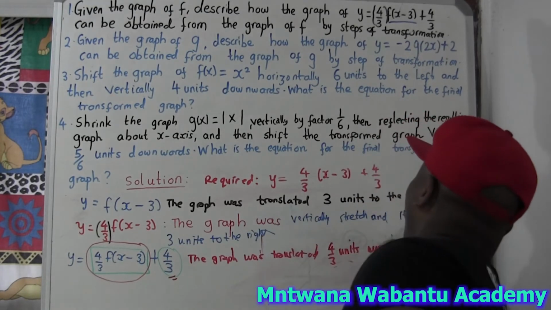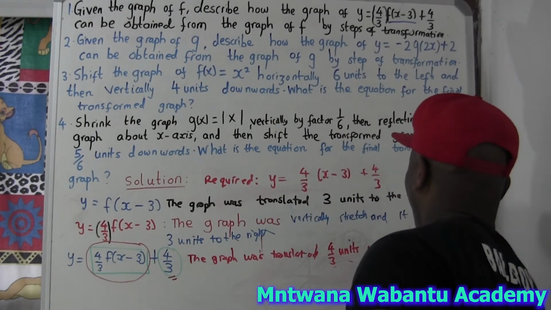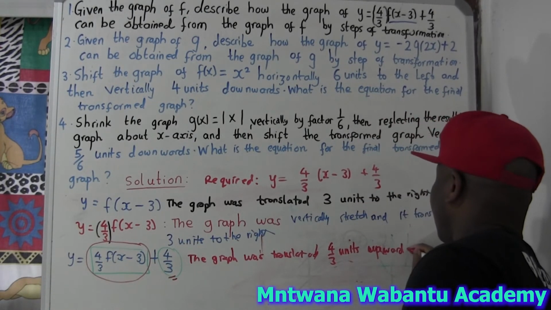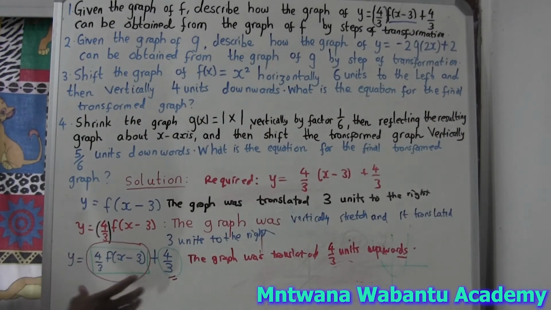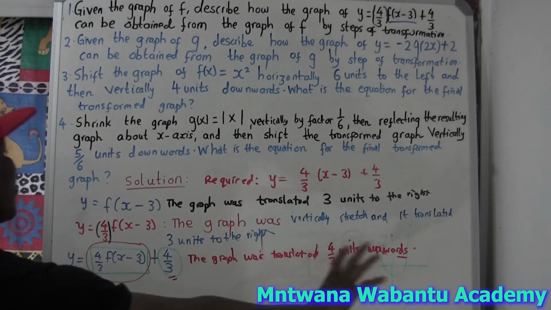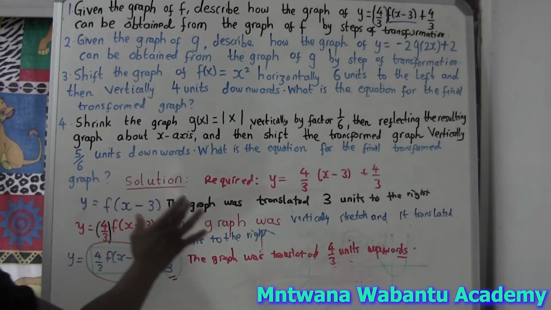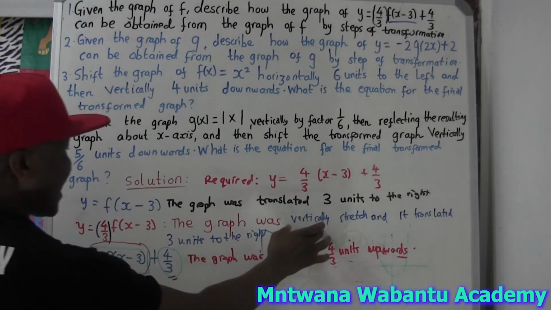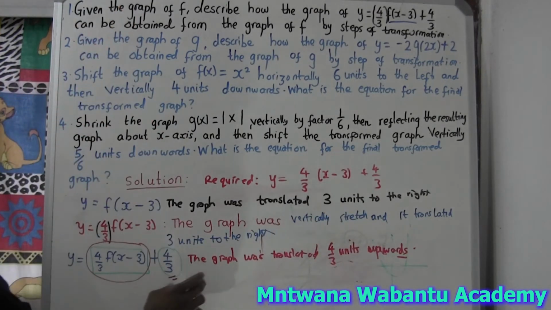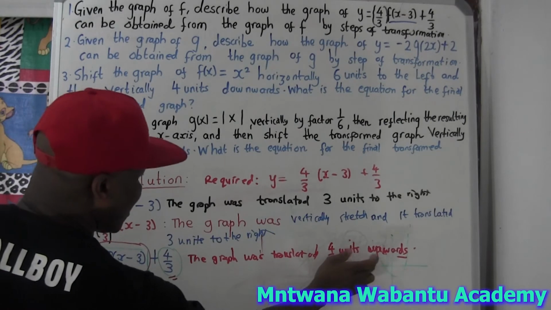So we finish, and we got the graph we want. In general, the graph was translated 3 units to the right, then it was vertically stretched, and then the graph was translated 4 over 3 units upward.